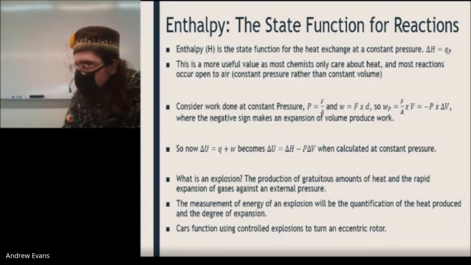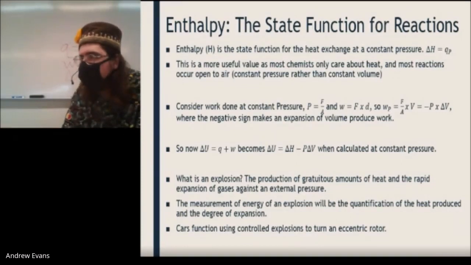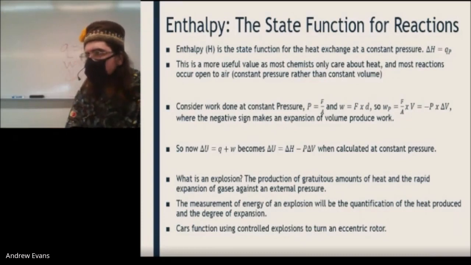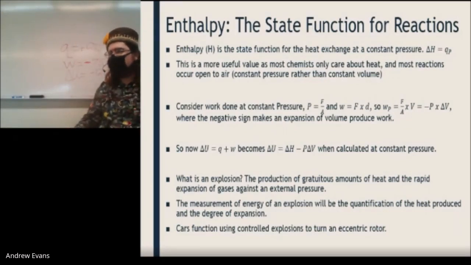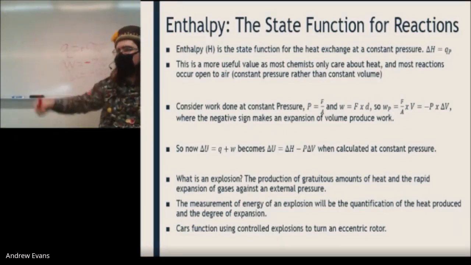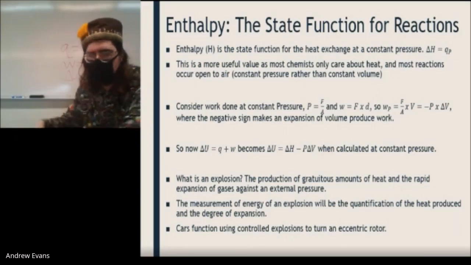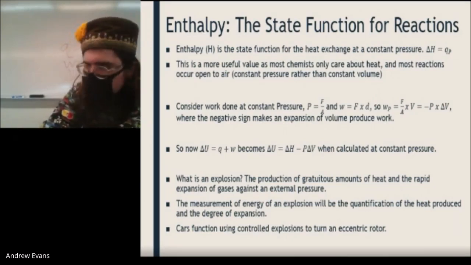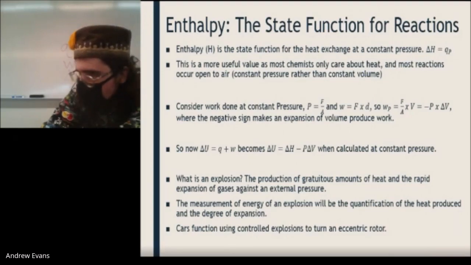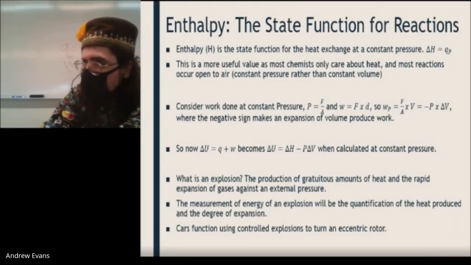In fact, some fragmentation grenades have tiny little BBs in there that, when the gases expand, get pushed everywhere, and they all scatter in every direction. But the idea is just basic. Gases expand, producing a lot of heat, creating this shock wave that shoves everything backwards.